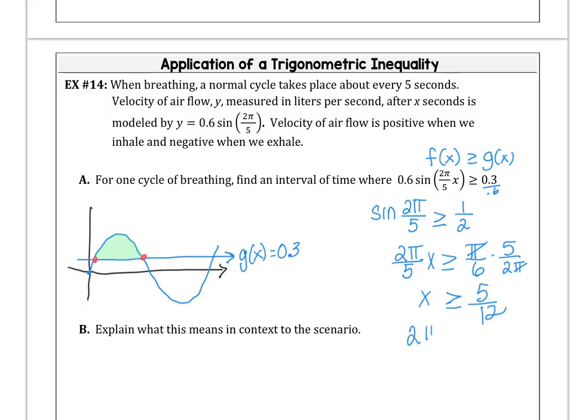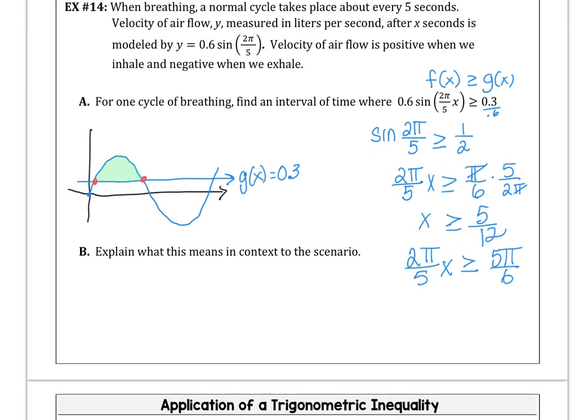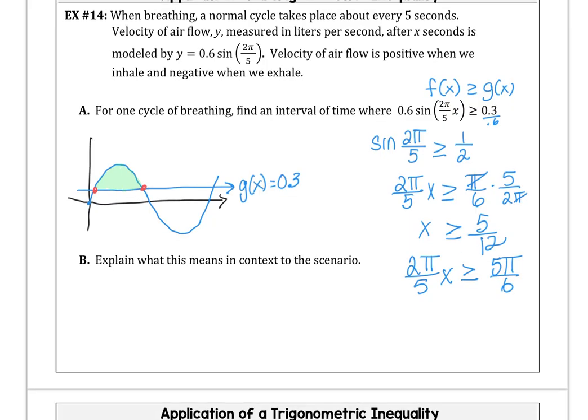We also have 2π/5 x is greater than or equal to 5π/6, because in both of those cases, thinking of the unit circle, sine is 1/2 at π/6 and at 5π/6. Multiplying by 5, dividing by 2, so 25.